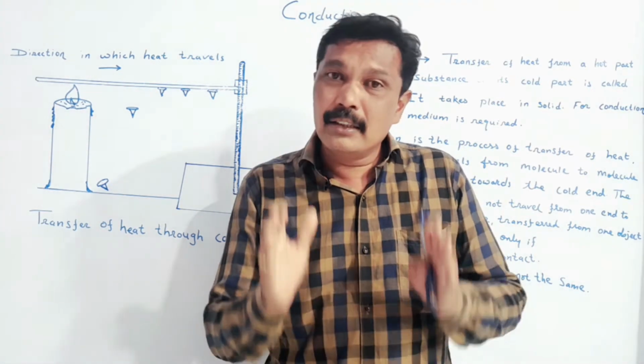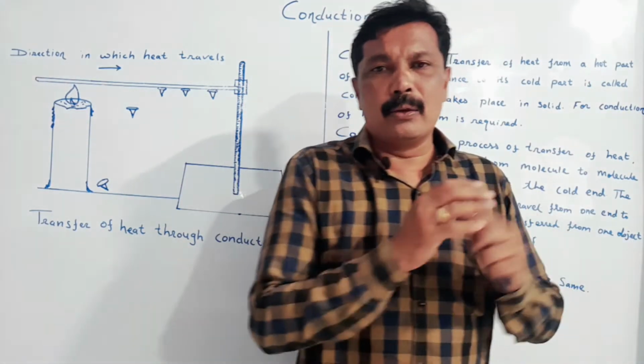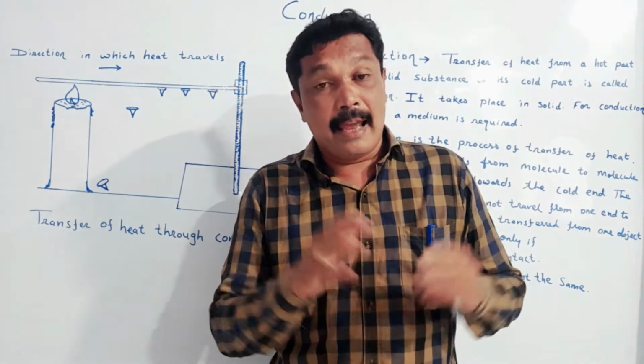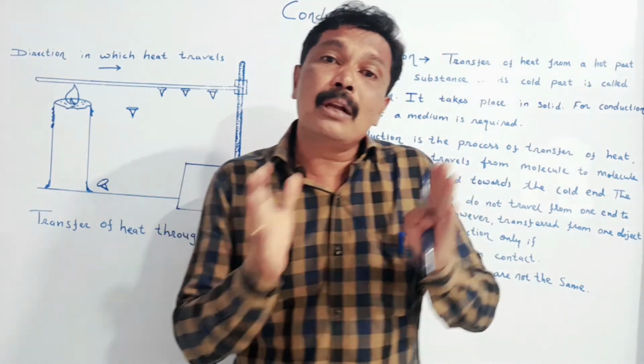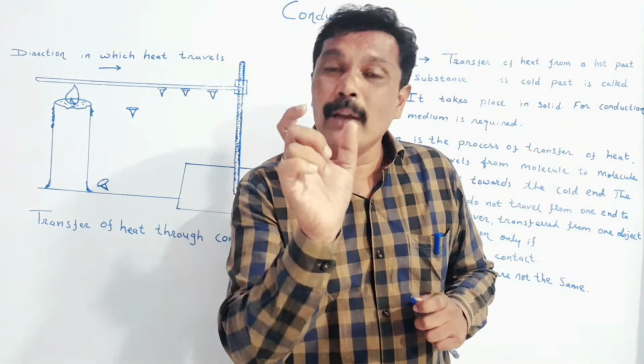And then this molecule collided with the nearby molecule and gave its vibration to the nearby molecule. And now the nearby molecule also started vibrating, but on its own place.